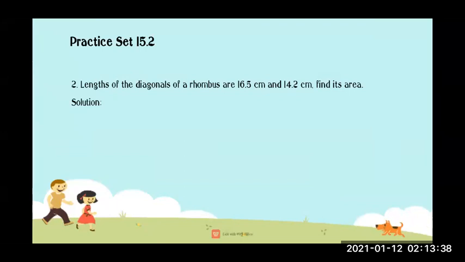Yes. Okay, everyone is getting the same answer. That means you people know how to solve area of a rhombus type sums. Okay. I hope you people are clear about this sum also, the second sum also.